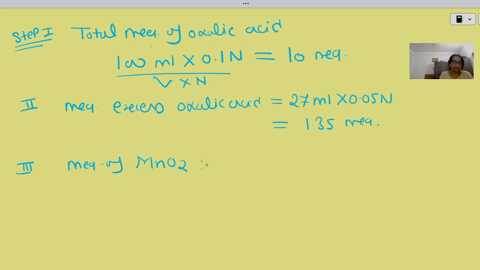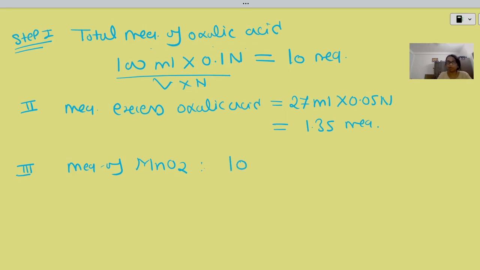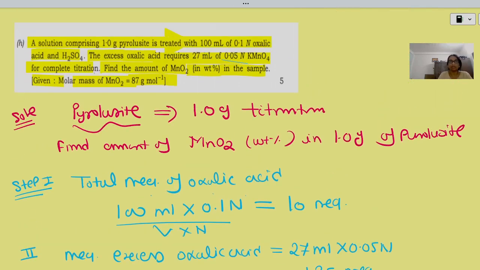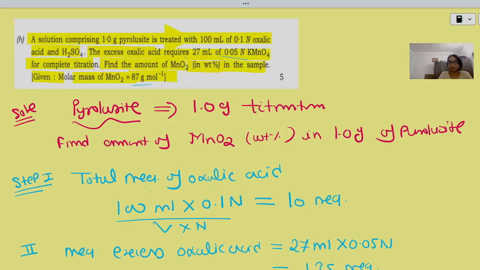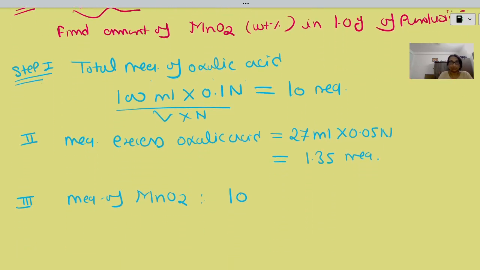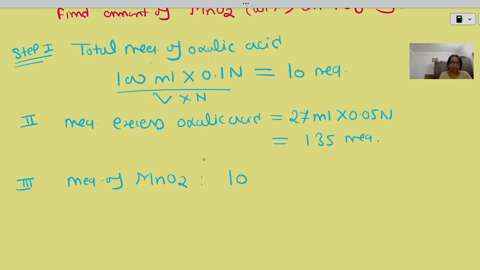The total is given in our question as 10, and the excess oxalic acid is 1.35. So for manganese oxide, 10 minus 1.35 equivalent gives 8.65 molar equivalent of manganese oxide.